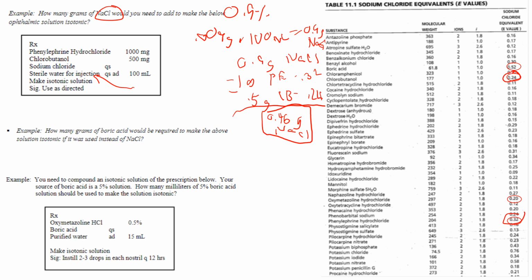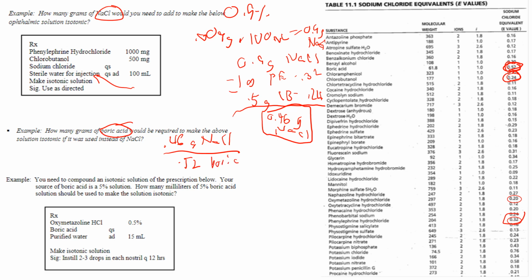So what we could do instead is, the equivalency table actually works 2 ways. While it shows things that are equivalent to sodium chloride, it also shows things sodium chloride is equivalent to. So let's say we had our 0.46 grams of NaCl, right? Let's say we wanted boric acid instead. How would we go about that? We could see boric acid's up here in the table, it's 0.52. All we'd have to do for that is take our 0.46 grams of sodium chloride and divide it by that 0.52 of boric acid.